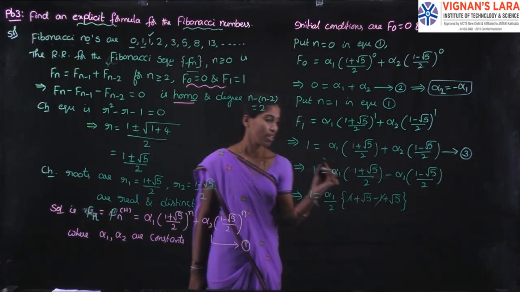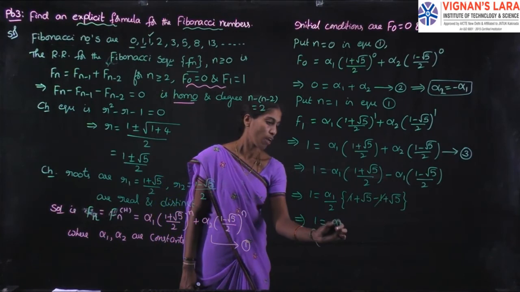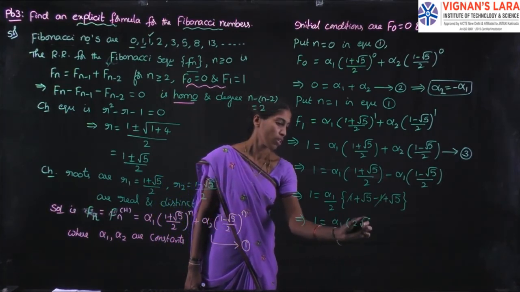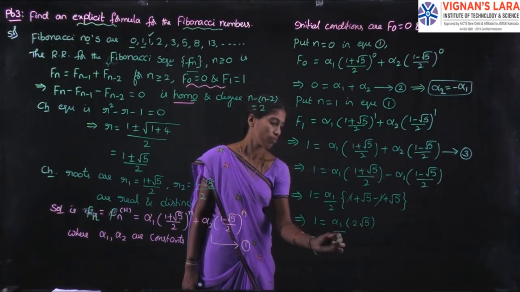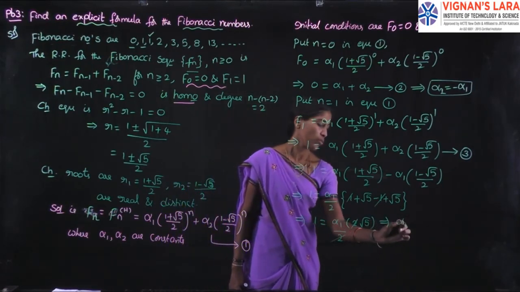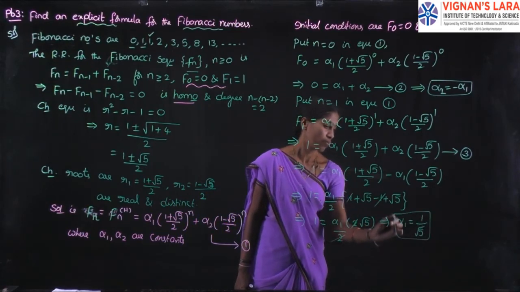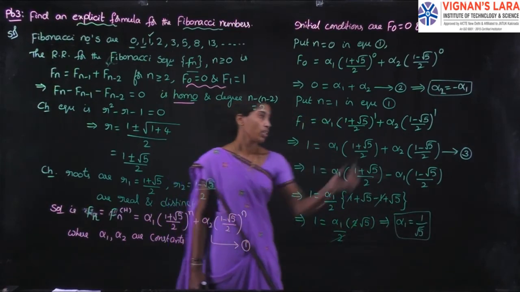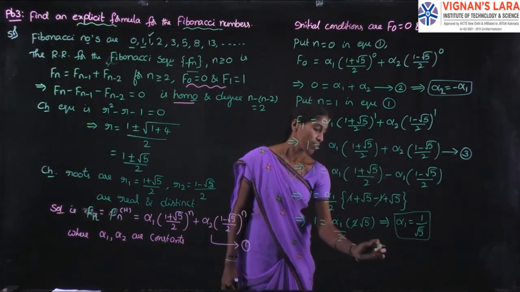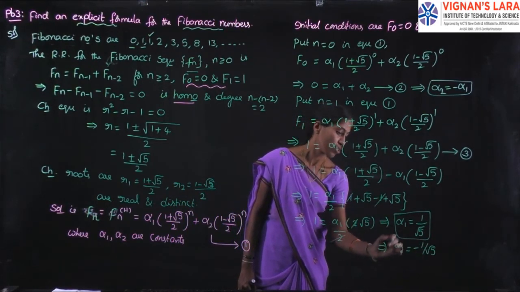These two get cancelled. So 1 is equal to alpha 1 into 2 root 5 by 2, which implies alpha 1 is equal to 1 by root 5, right? Similarly, alpha 2 value is minus 1 by root 5. These two are the values.